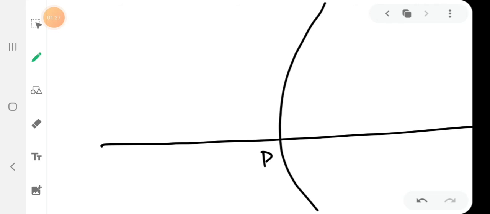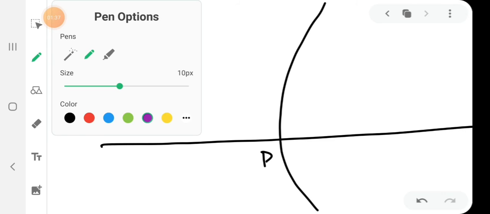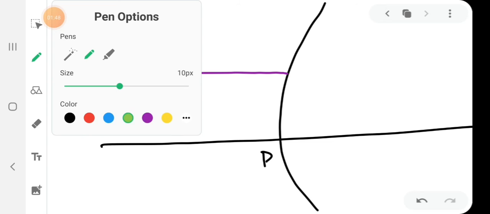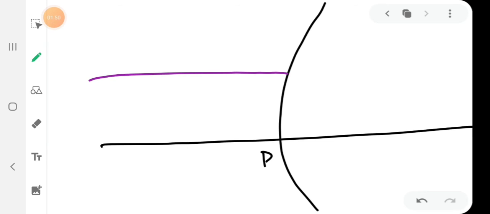As per rule 1, as in the concave mirror, the incident ray is parallel to the principal axis. The ray falling on the mirror, that is the incident ray, is parallel to the principal axis. And that parallel ray reflects back somewhere here. It may reflect in this manner.